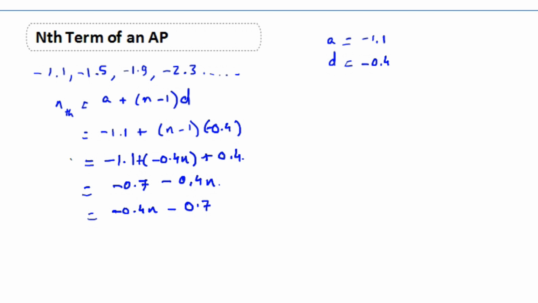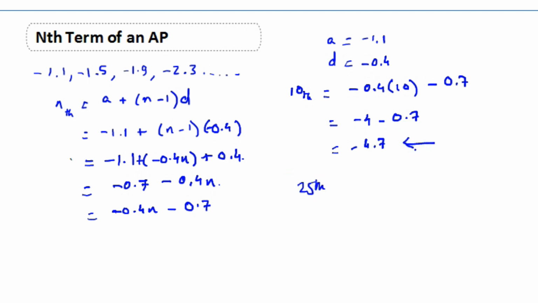So let's try and find out what the 10th term of the sequence would be. So 10th term would be negative 0.4 times 10 minus 0.7, which means negative 4 minus 0.7, which is negative 4.7. That is going to be the 10th term. What will be the 25th term of the sequence?